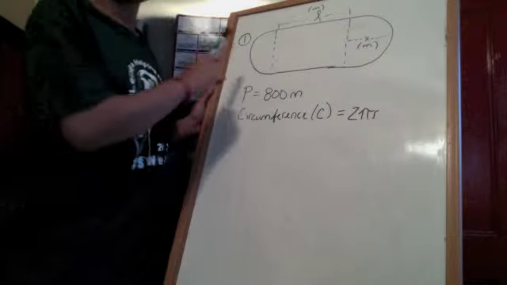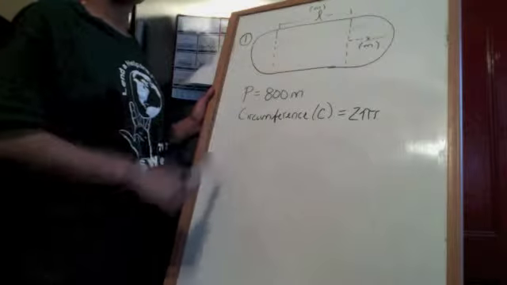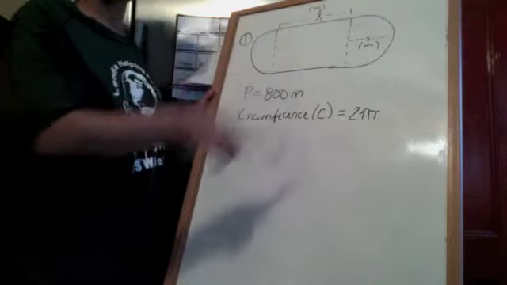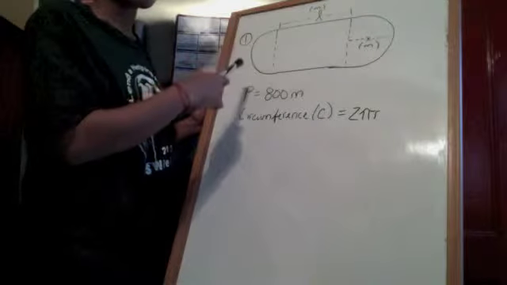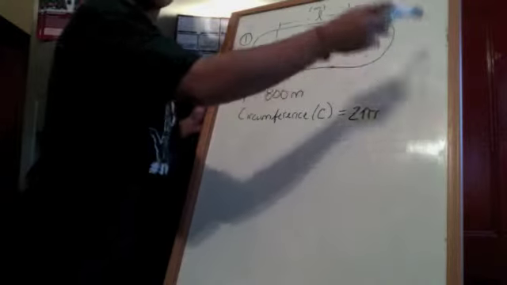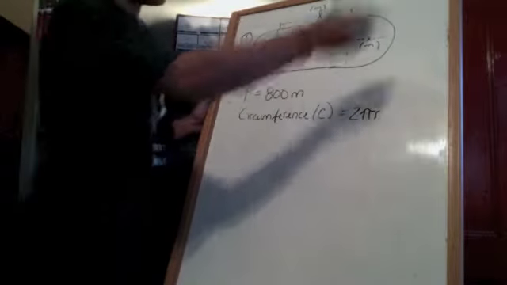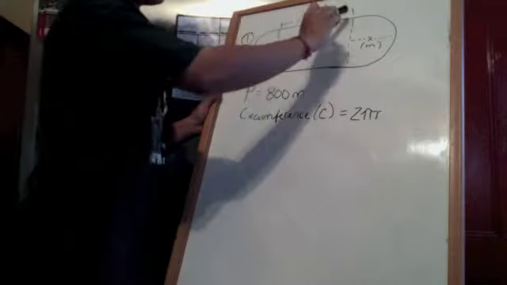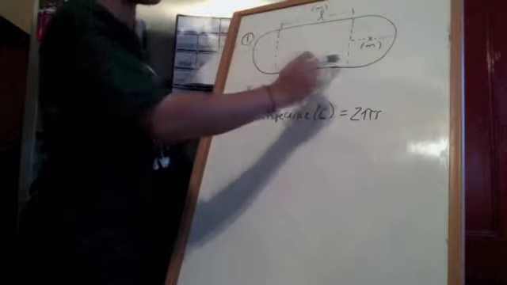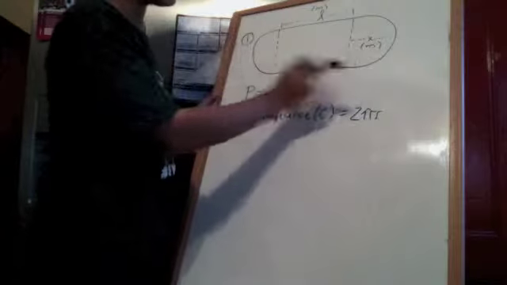Alright, so the first thing we're going to do is draw out our situation, our diagram of the problem. And we're going to do this entire process in steps. So we're going to start out with our first step. And we're also going to write our given information, since we have the perimeter P equals 800 meters and also the circumference 2 pi r, since the two semicircles of the track are included.